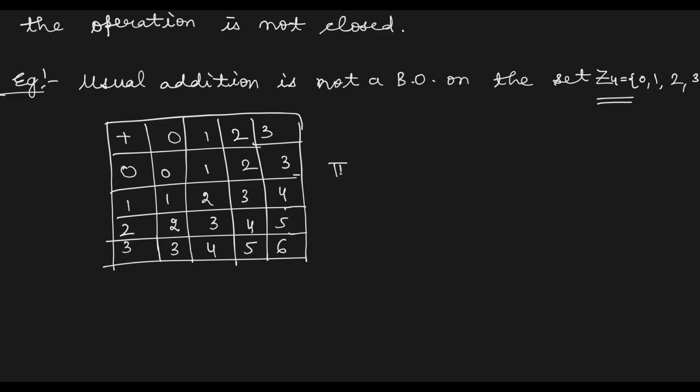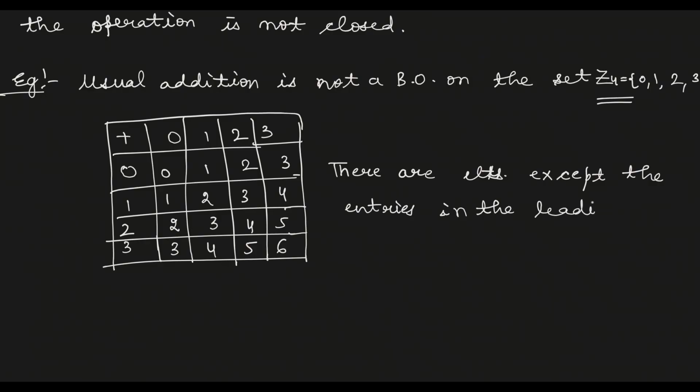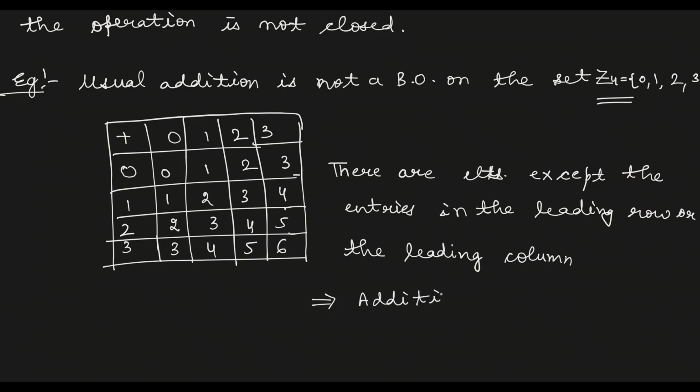There are elements except the entries in the leading row or the leading column. This means that addition is not a binary operation on Z4.